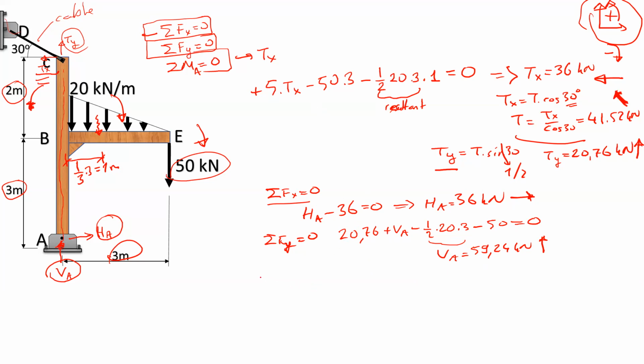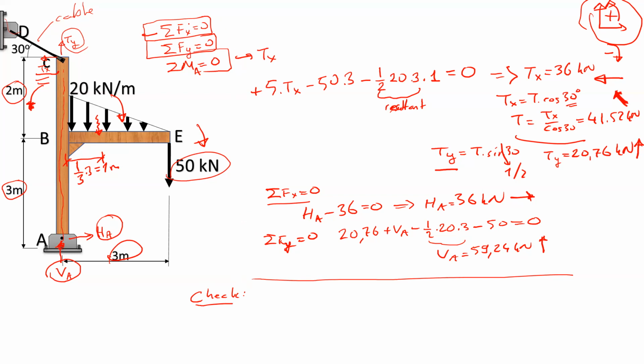So what else I have to do is that I have to check if my solution is correct or not. You can just stop here, but in order to be sure, I just suggest you to check your solution. In order to check your solution, you can just use another equilibrium equation.